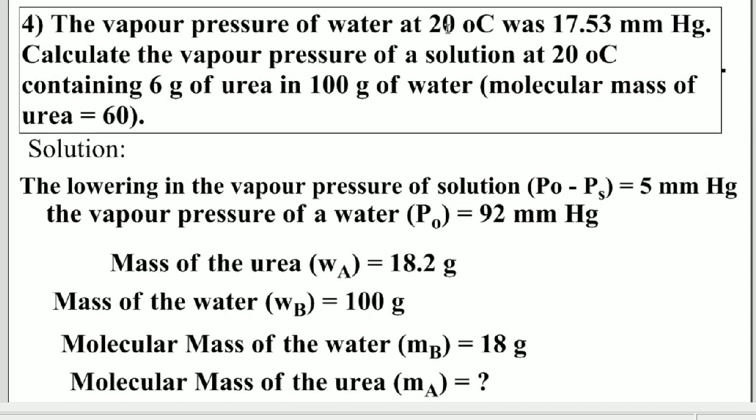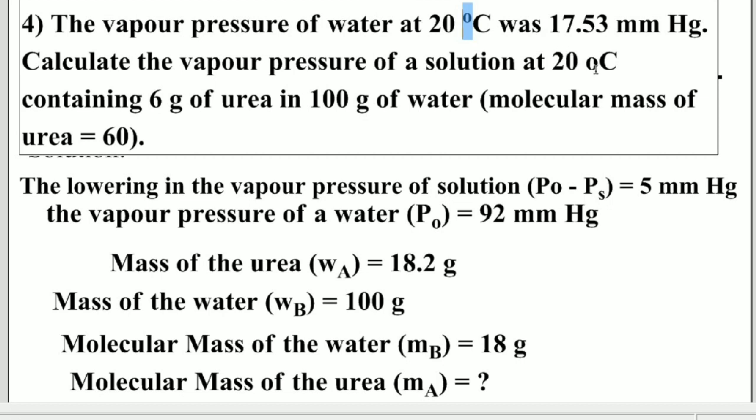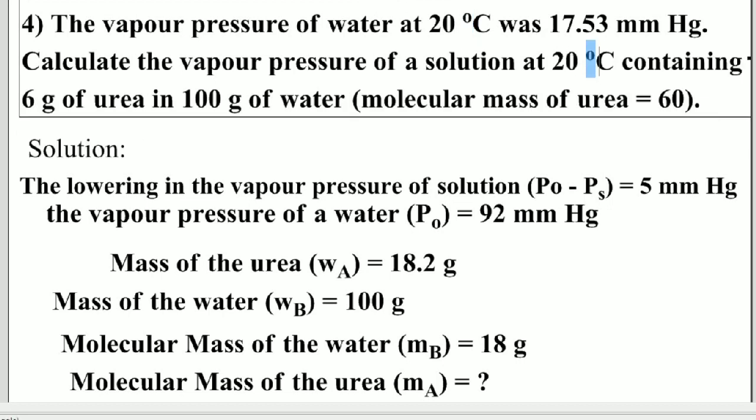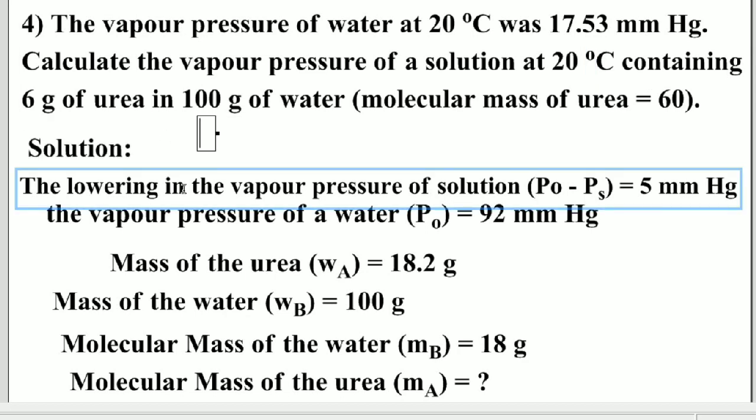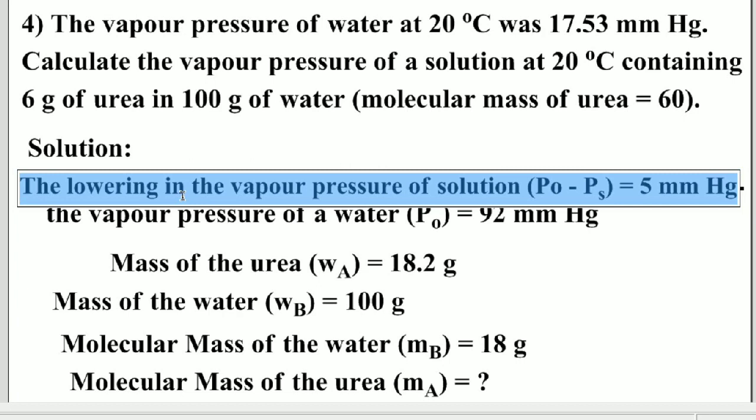The vapor pressure of water at 20 degrees centigrade was 17.53 mmHg. Calculate the vapor pressure of the solution at 20 degrees centigrade containing 6 grams of urea in 100 grams of water. So students, first we write the given data.